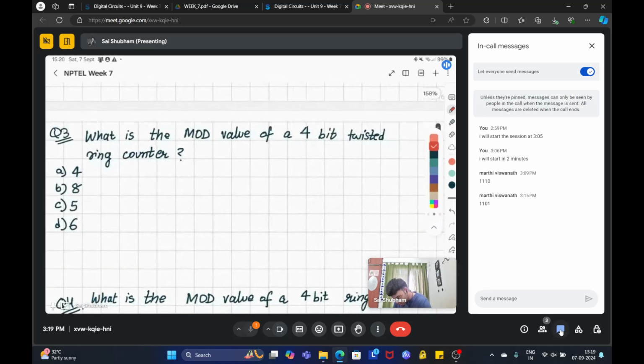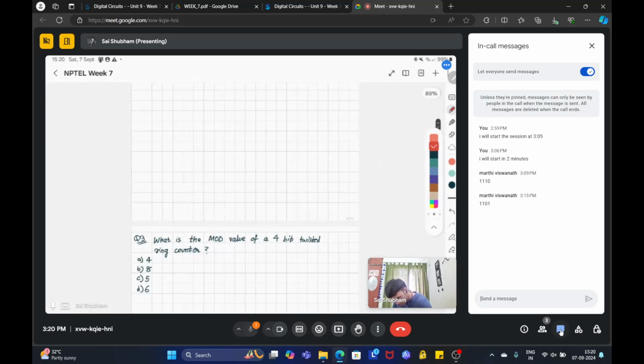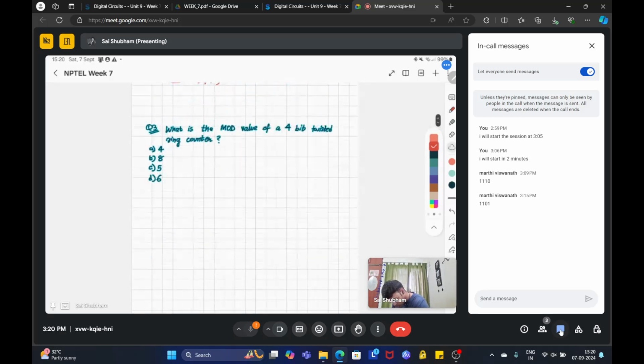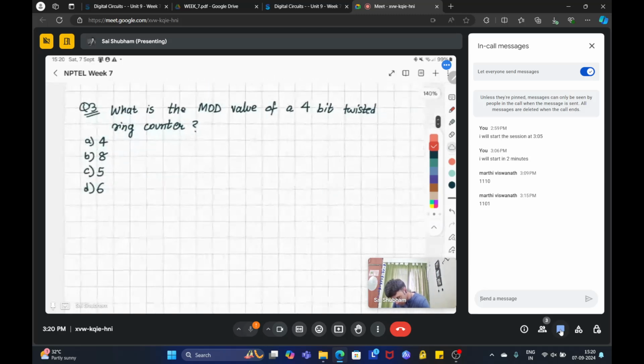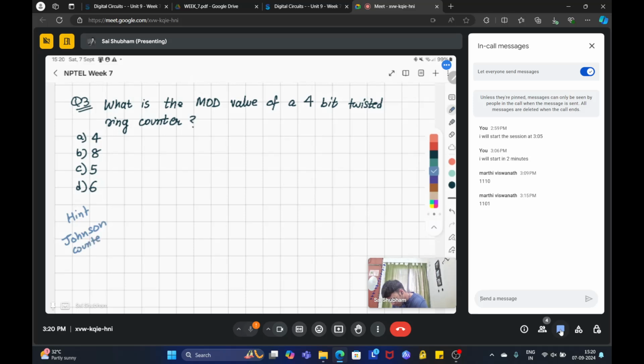What is the mod value of a 4-bit twisted ring counter? To give you a hint, a twisted ring counter is basically a Johnson counter. Mod value is basically the number of unique output states.